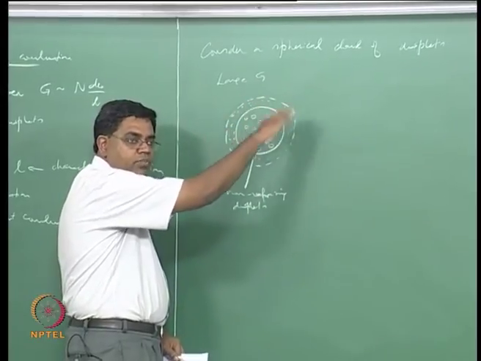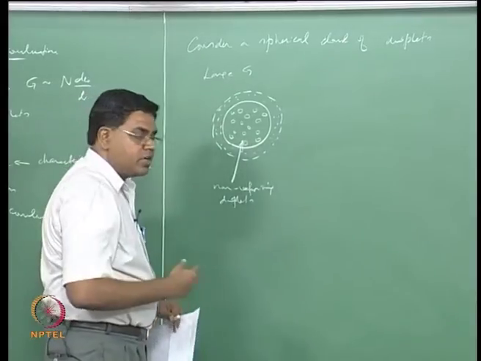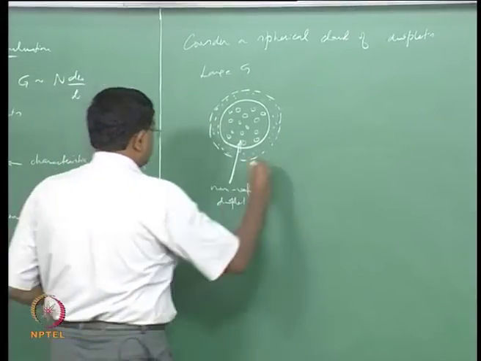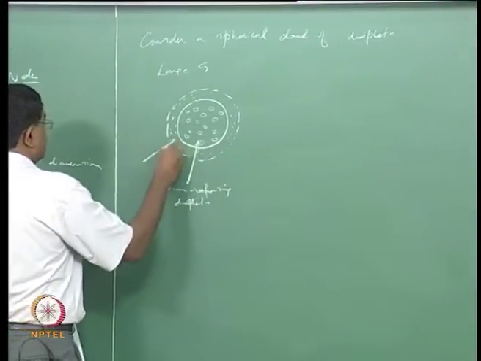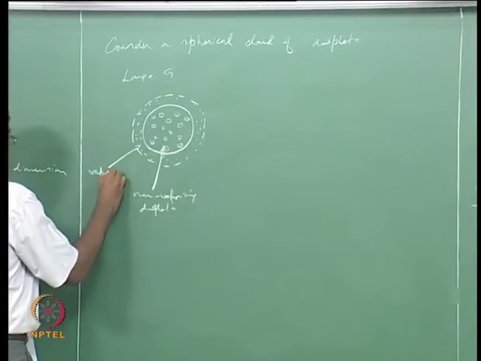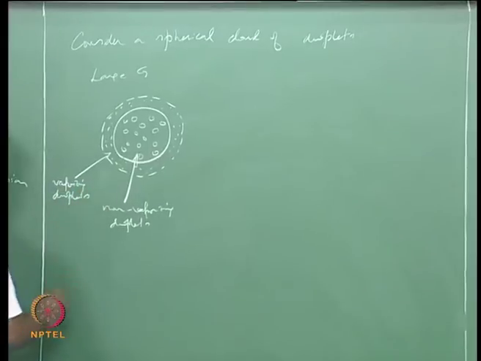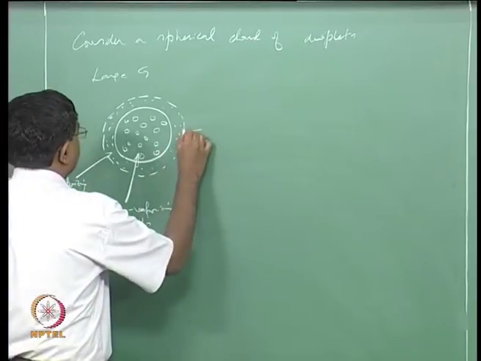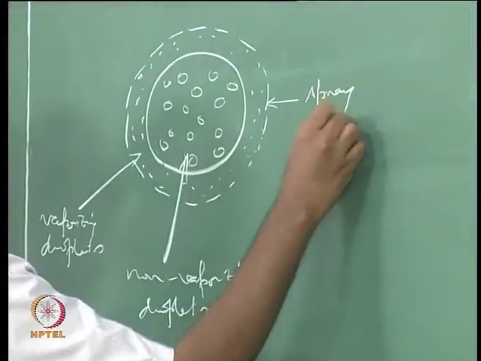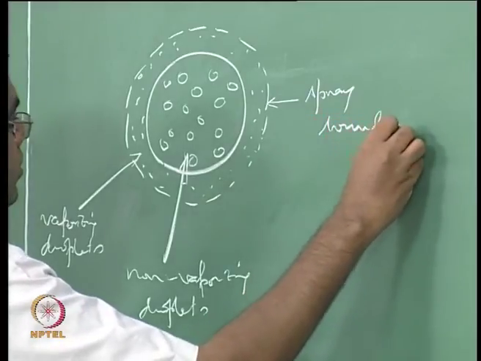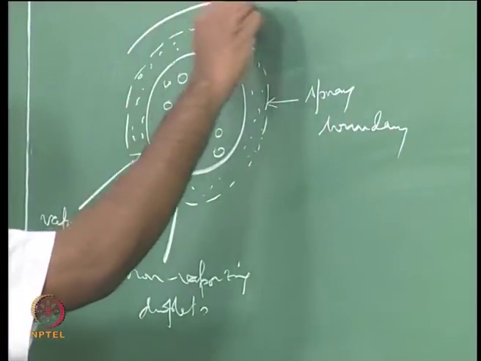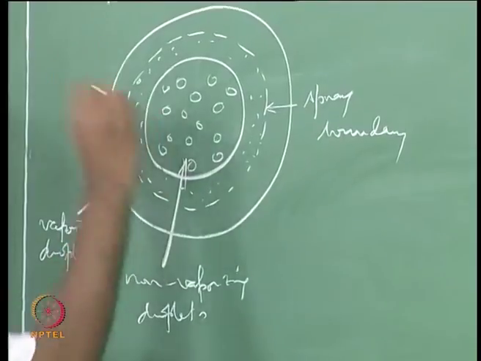The broken line means the spray boundary. This is vaporizing droplets, and the broken line is the spray boundary, and you now have the actual flame around this.